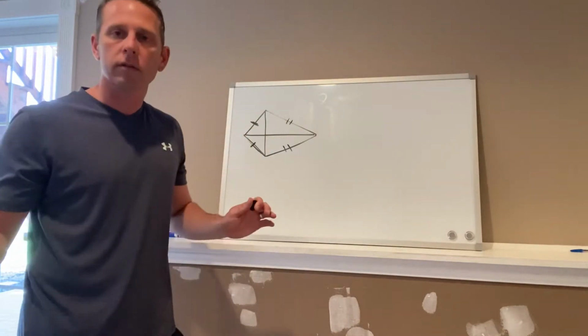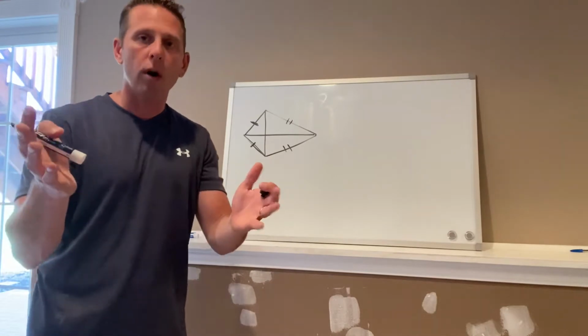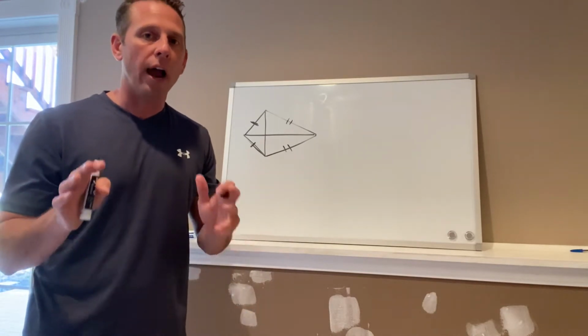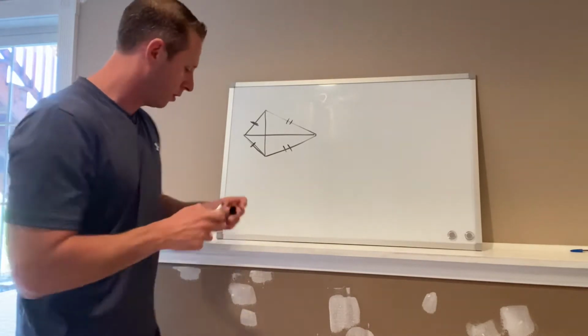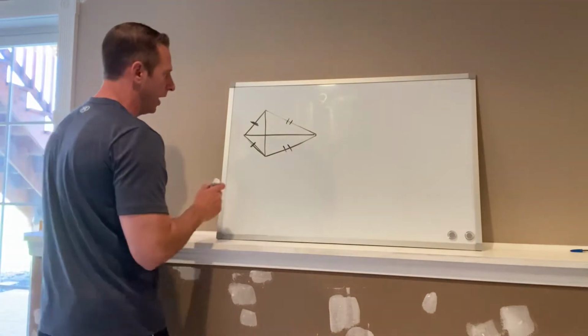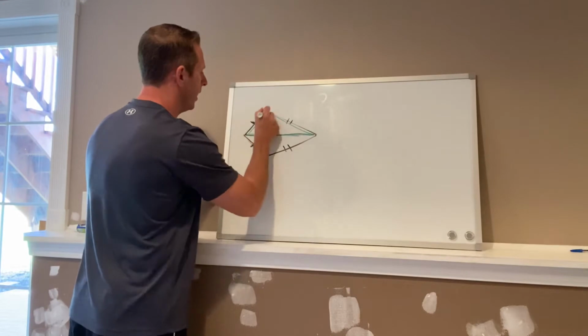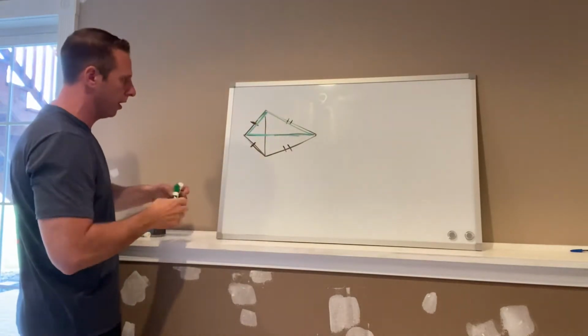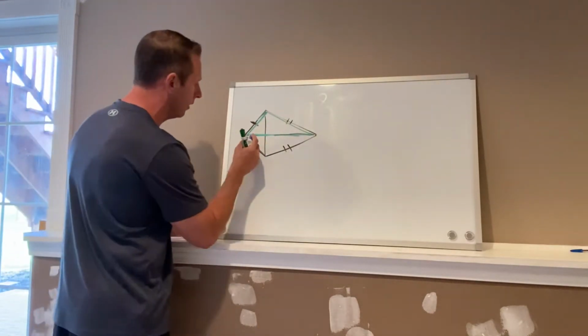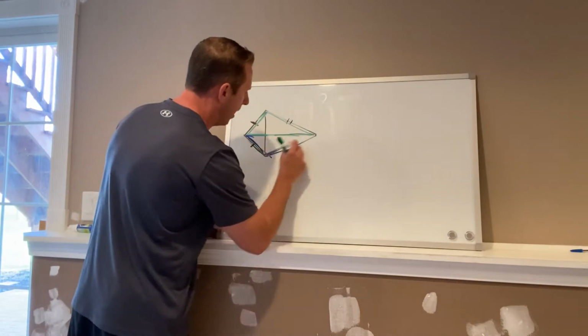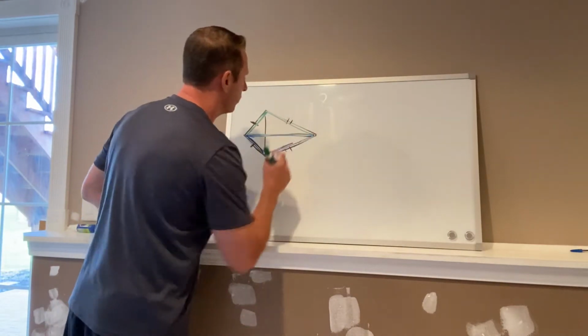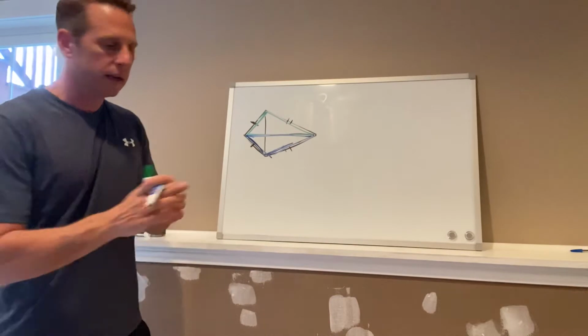How many triangles? Yeah, I see 4 triangles. I also see 2 triangles. You can look at the top triangle right here that I'm making in green, mixing with my black marker, and the bottom triangle right here that I'm outlining in blue. So there's 2 triangles in this kite.